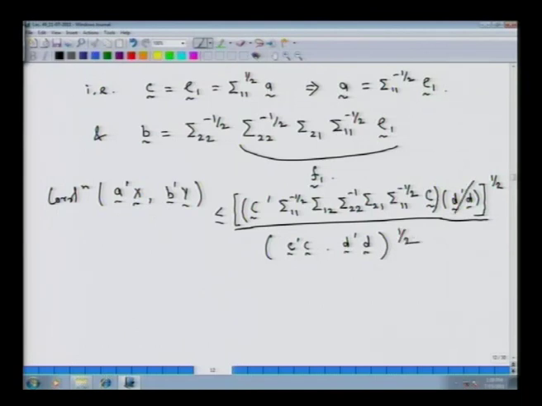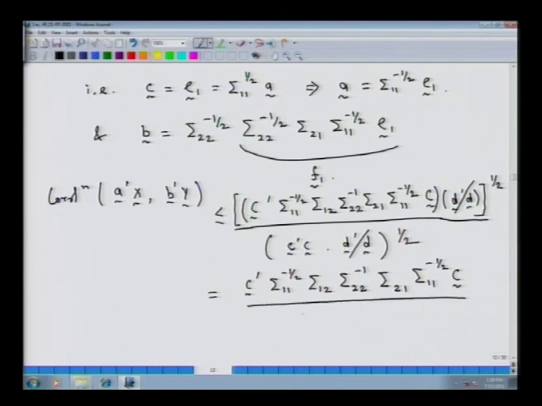As we see, these two terms cancel out, and this is equal to C prime sigma 11 to the power minus half sigma 12 sigma 22 to the power minus 1 sigma 21 sigma 11 to the power minus half times C, divided by C prime C, whole raised to the power half, right.